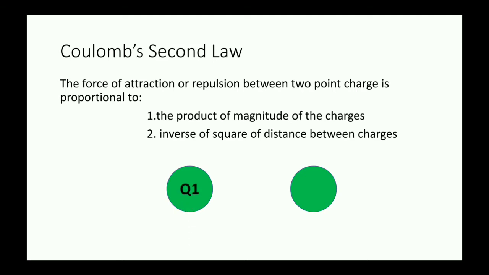So if charge 1 is of magnitude q1 and charge 2 is of magnitude q2, the force will be proportional to q1 times q2. And it also states that the magnitude of the force acting between the charges will be proportional to the inverse of the square of the distance between the charges.